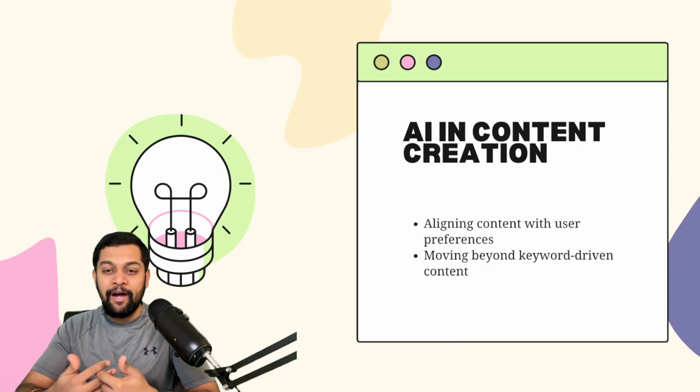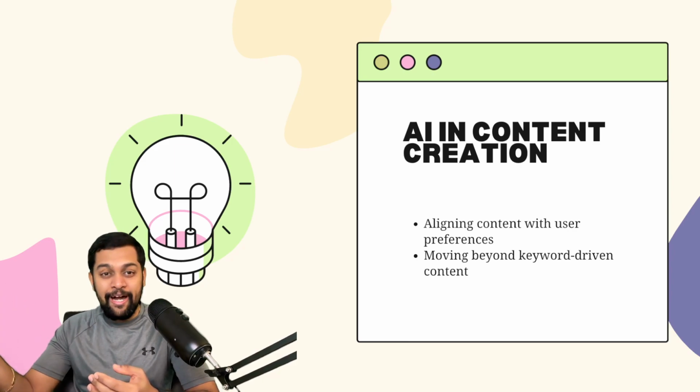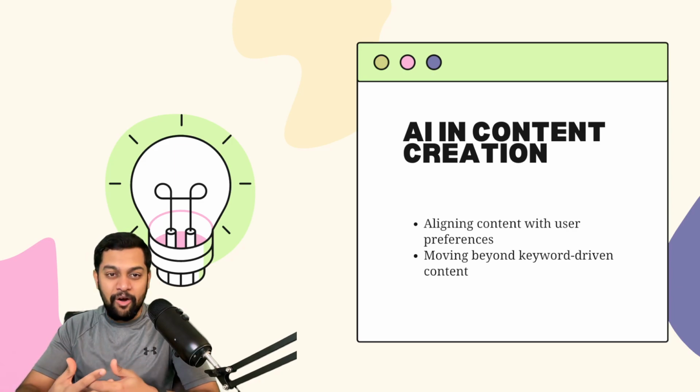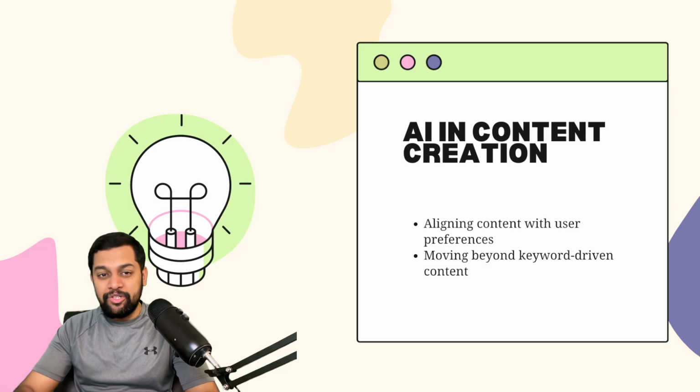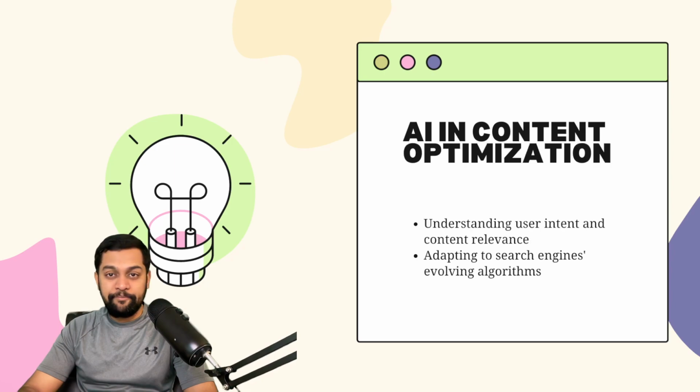Then there is Copy AI, and now pretty much every other tool has an API backend that talks to OpenAI, and it can write content just using a simple headline or an idea. So ensure that you take advantage of this new phase of the AI revolution so that you can stay ahead of the competition.